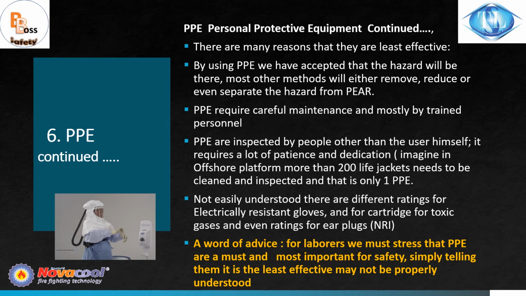This is empty because the previous users did not report, or maybe the cleaning people forgot to close it, or some part moved and it leaks air. Anyway, at the time of emergency, you find it has only 5 minutes left, or maybe it's empty completely. It's too late. So PPE are not reliable, not the best reliable.